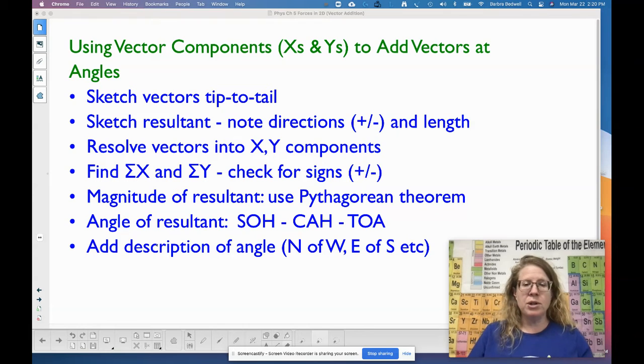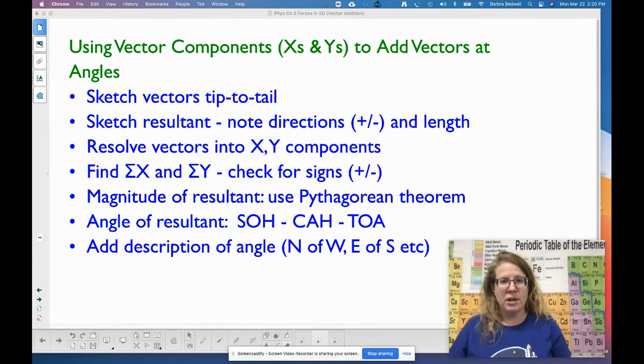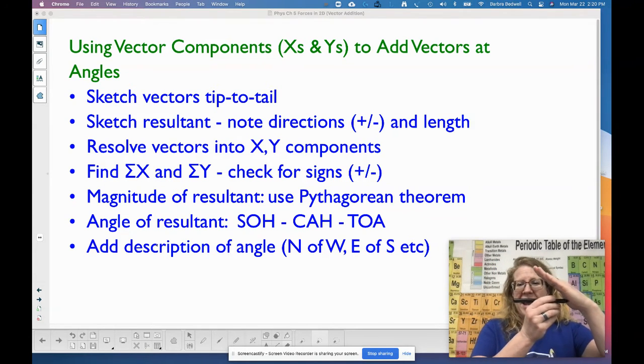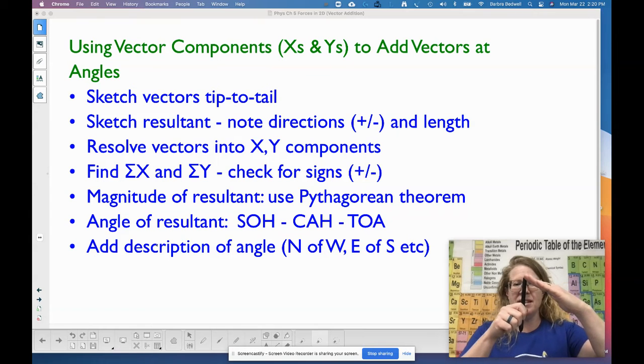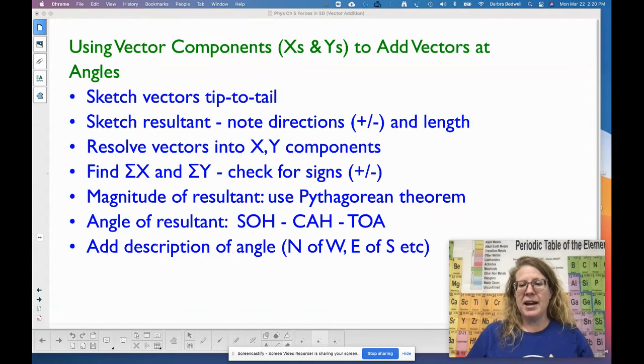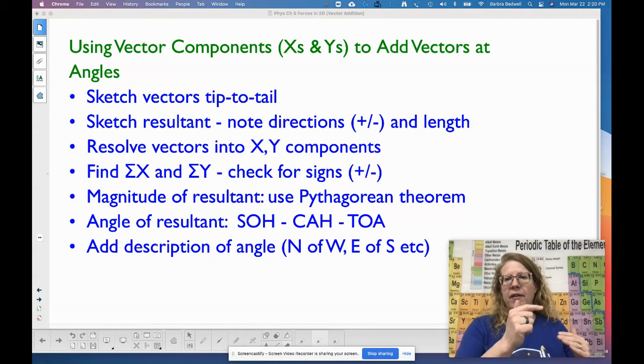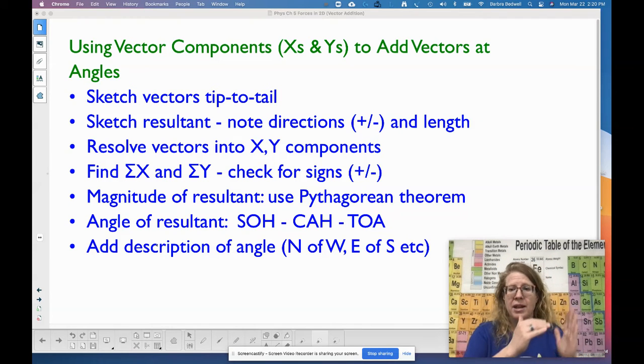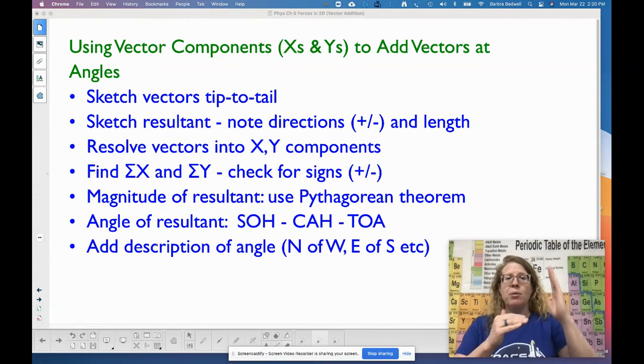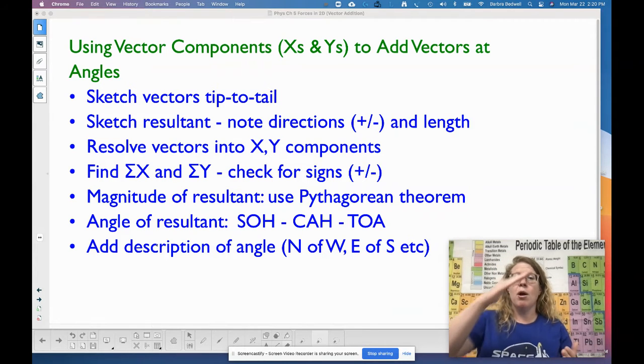So all we're going to do is use sine and cosine to figure out what that x component and that y component are. Then we take advantage of the fact that if we've got two different vectors, they both have some overs and some ups. I can add the x's together, I can add the y's together, and get an overall x and an overall y. And once I have those two things, I can use the Pythagorean theorem to figure out what my one single path would be.